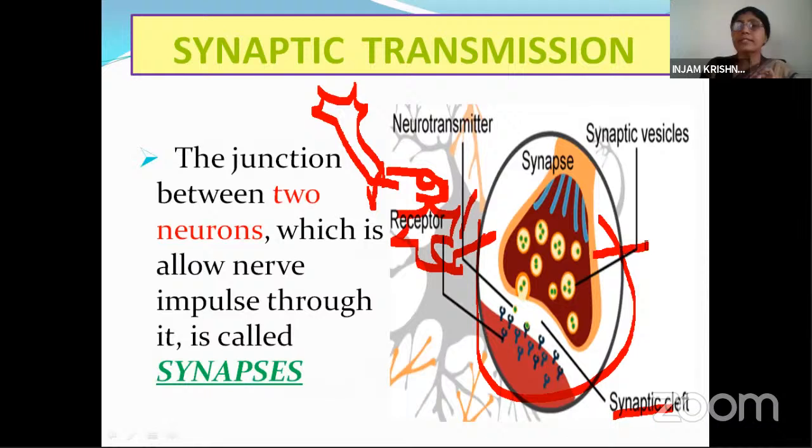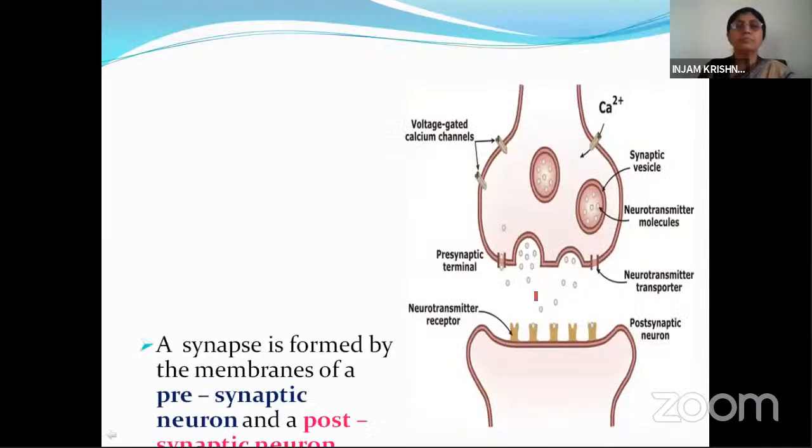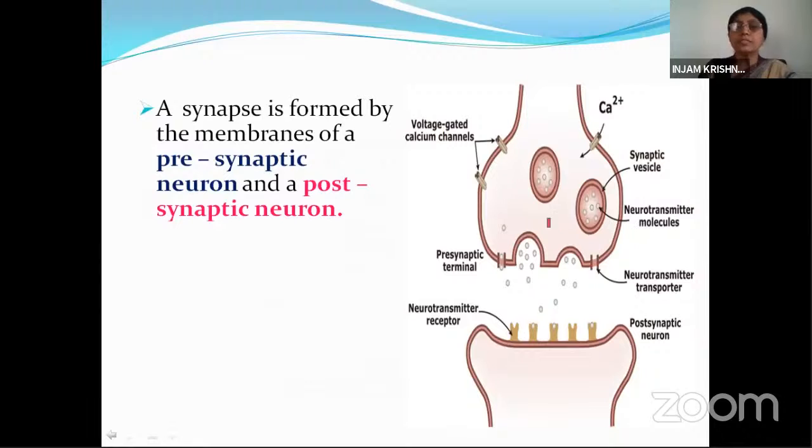This is the presynaptic neuron and this is the postsynaptic neuron. Both of them together form the synapse. Synapse is a very important area. Here we can see the presynaptic terminal and the postsynaptic terminal. The synapse is formed by the membrane of a presynaptic neuron and a postsynaptic neuron.